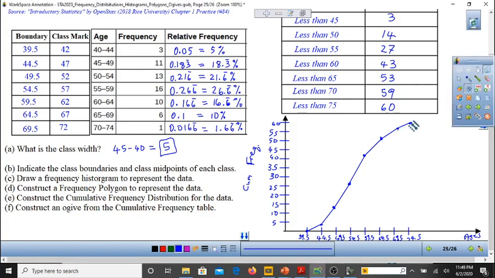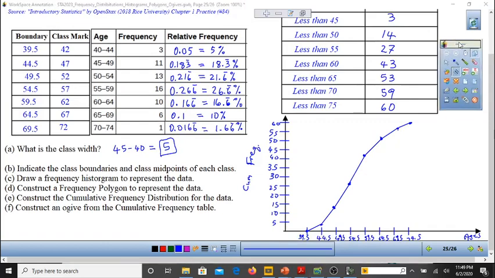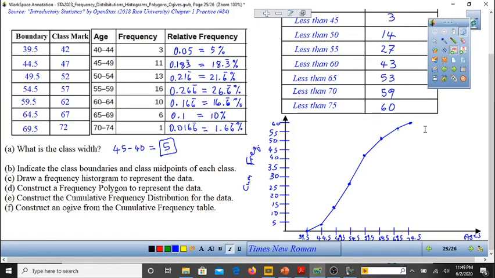That's what the ogive looks like. It almost looks like a smooth curve, and usually we try to convert it to a smooth curve. And this is a cumulative frequency graph, also known as the ogive for the data.